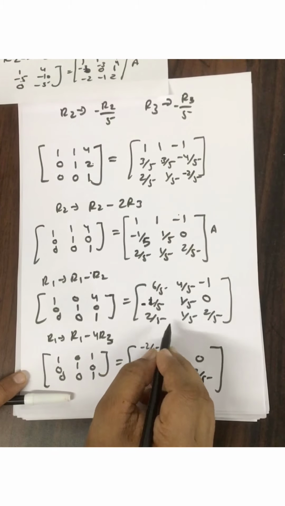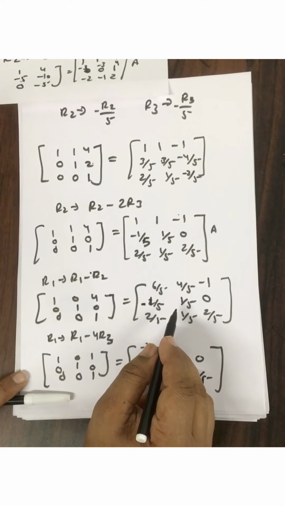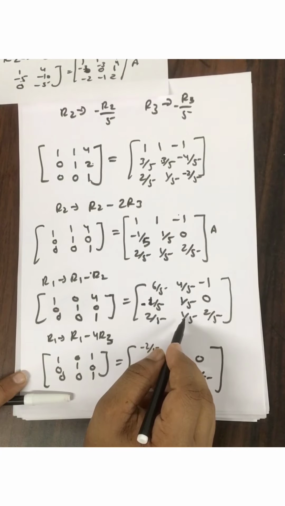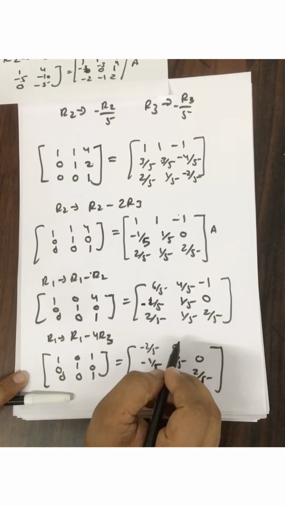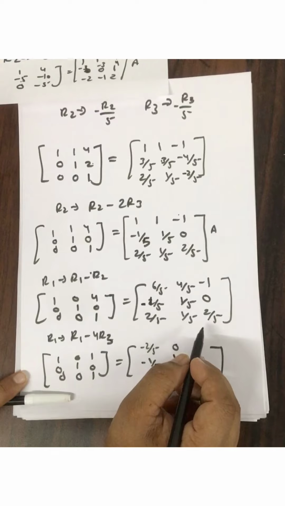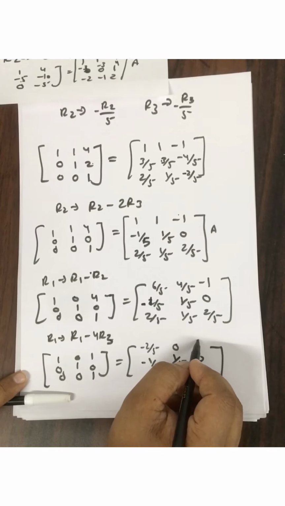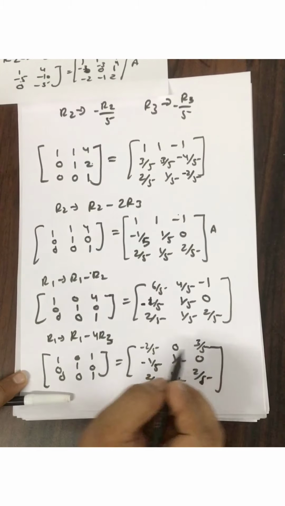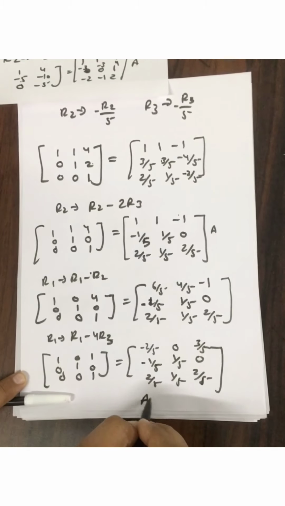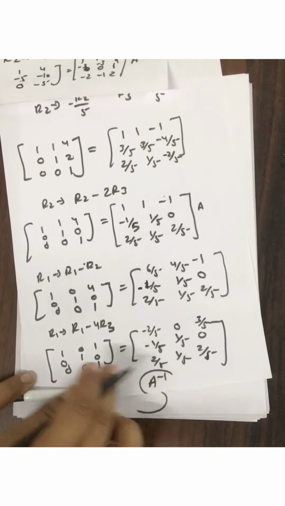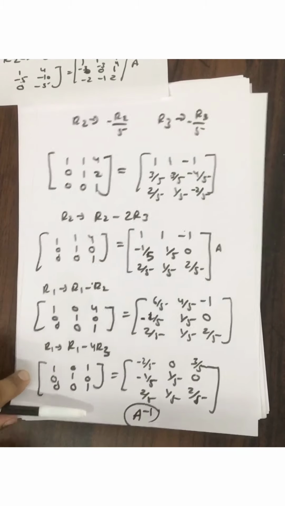Yes, and this 4 by 5 minus 4 by 5, this will be 0. And this will be minus 1 minus 4 is minus 3 by 5. That's it. This is your answer. This is A inverse. Very long question comparatively. Good, but a good question.